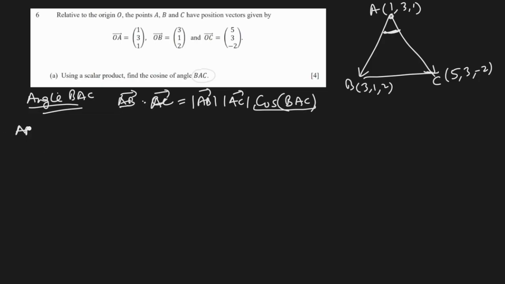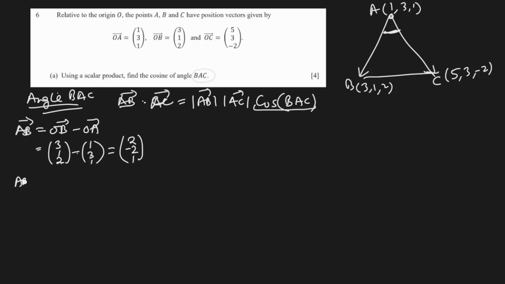Let's find first the vector AB, which will be position vector of B minus position vector of A. So what do we have here? 3, 1, 2 minus 1, 3, 1. So it will be 3 minus 1 is 2, 1 minus 3 is minus 2, 2 minus 1 is 1.